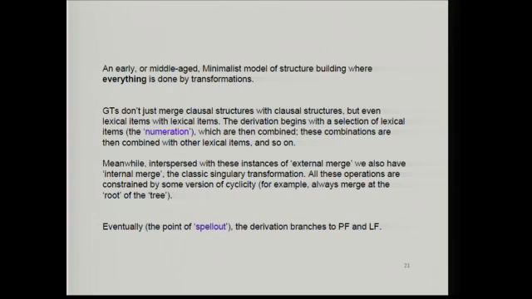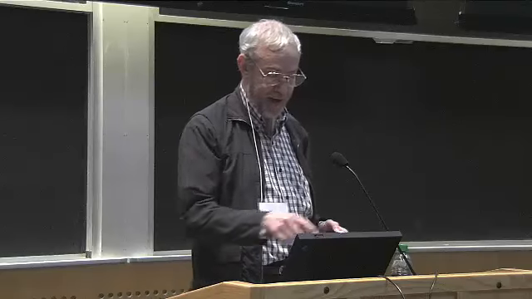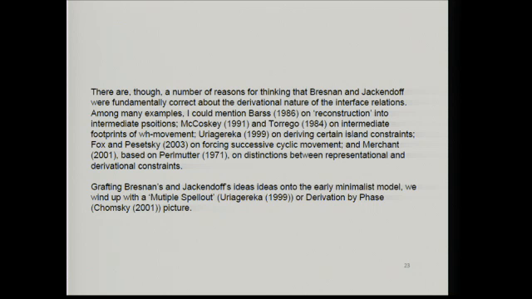Meanwhile, interspersed with these instances of so-called external merge, we also have internal merge, the classic singulary transformation, movement. All these operations are constrained by some version of cyclicity. One popular one is always merge at the root of the tree. Eventually, the so-called point of spell-out, the derivation branches to PF and LF. So we have this picture. Start with enumeration, cyclic derivation, spell-out leads to PF and LF.